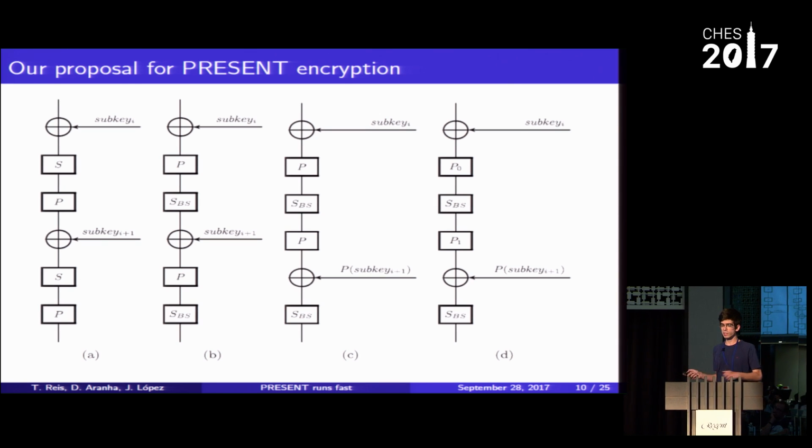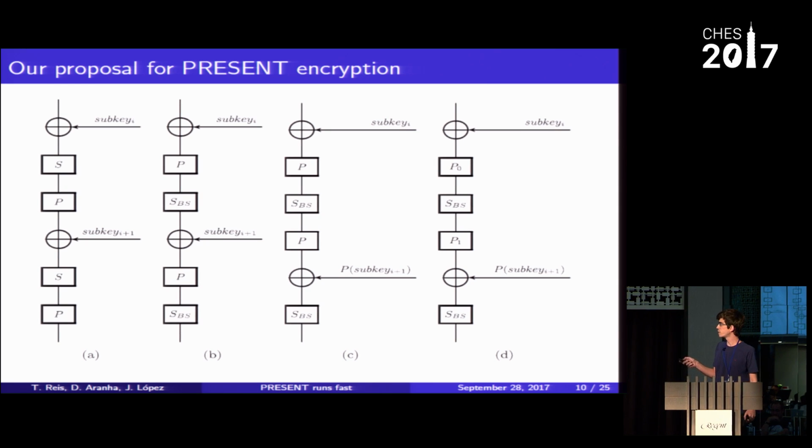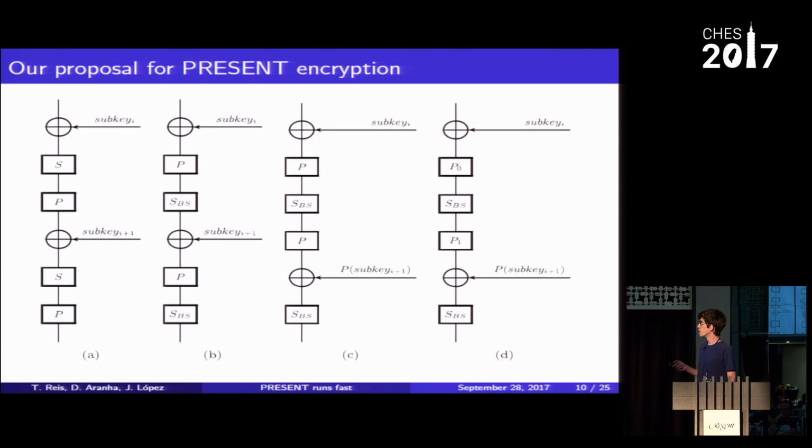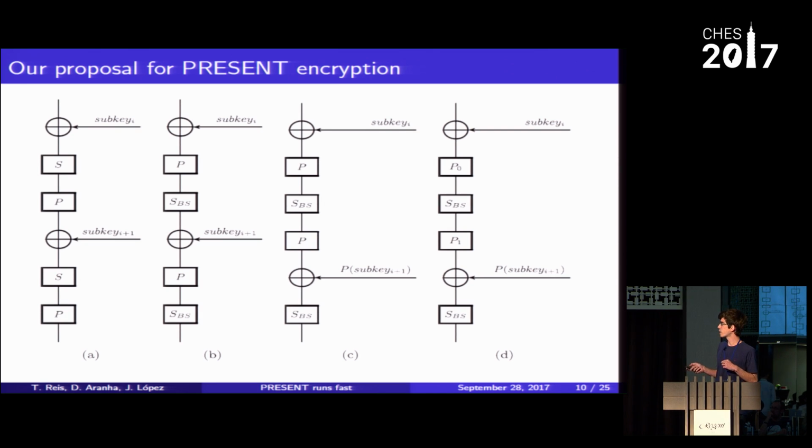Now, towards subfigure C, the only thing we do is shift the addition of the subkey to after the permutation. And of course we can do it because the permutation is additive. So now we have a more subtle step.